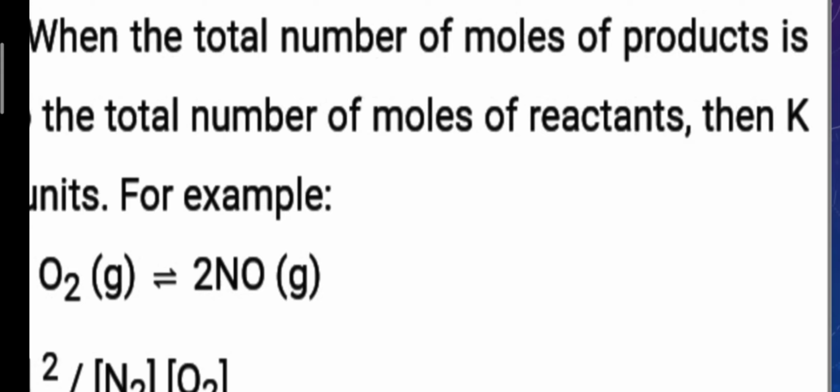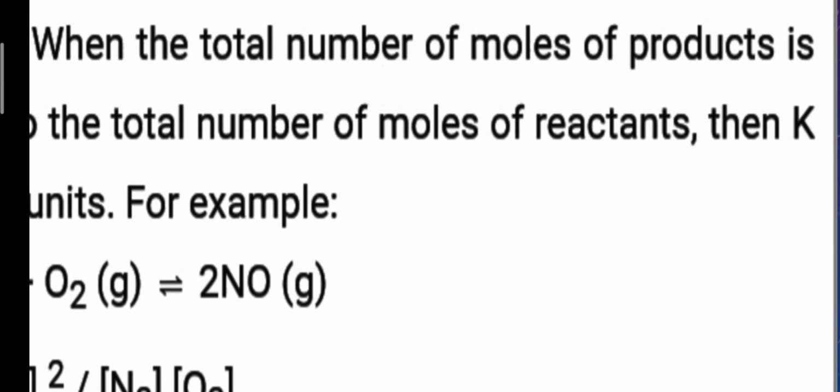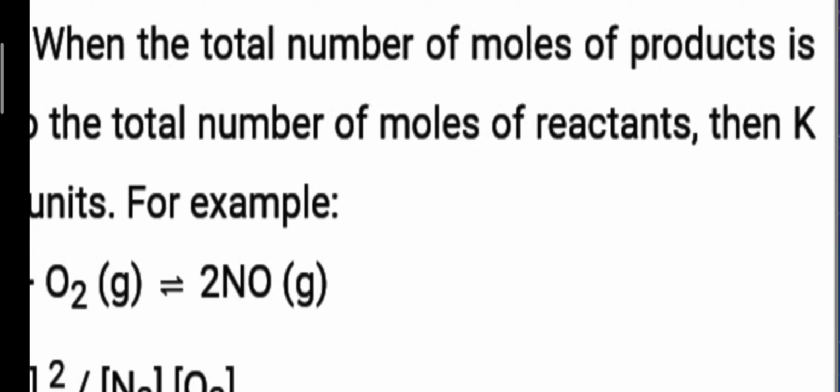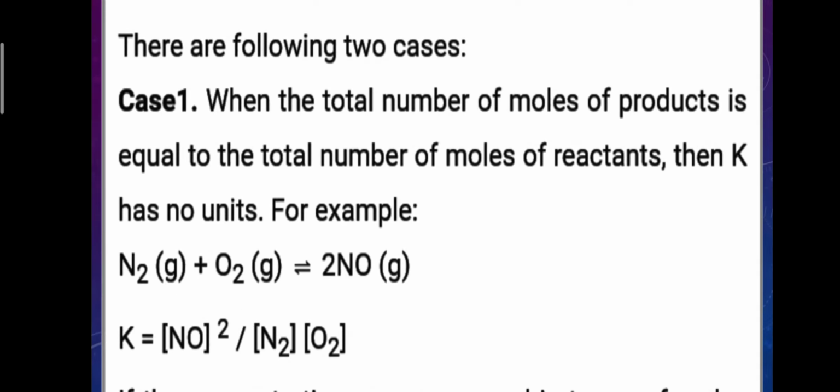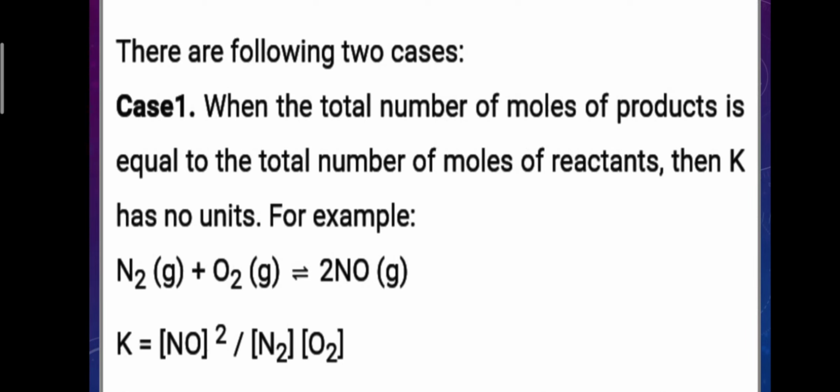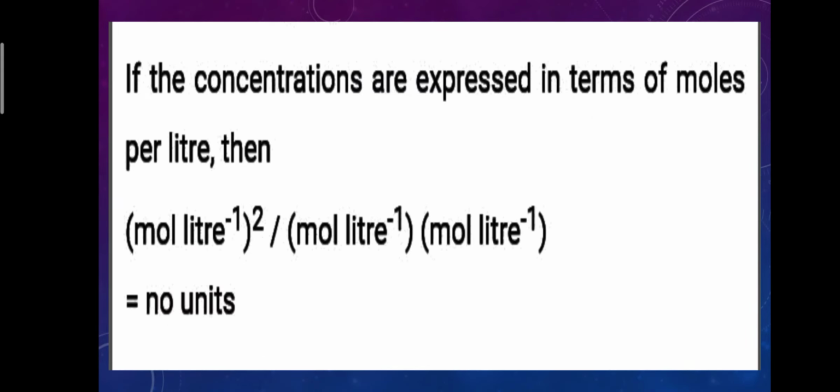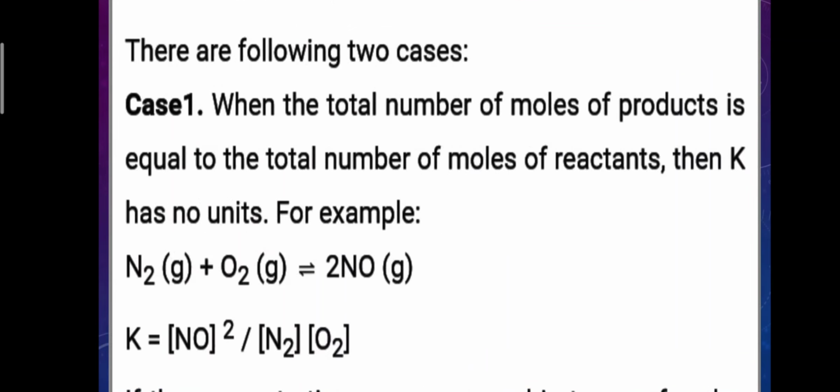When the total number of moles of products is equal to the total number of moles of reactants, then K has no units. For example, N2 plus O2 gives 2NO.